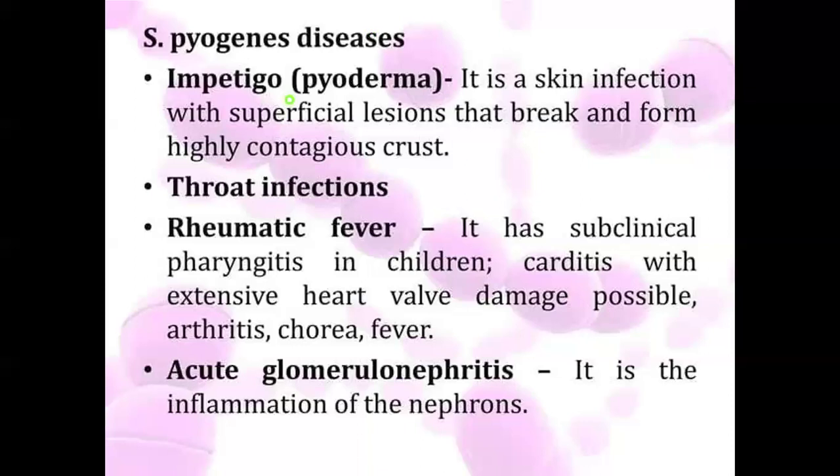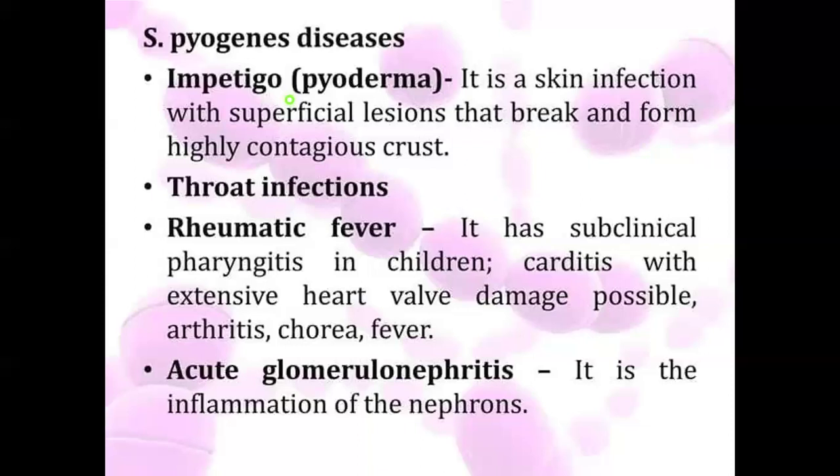So the body is trying to destroy this M protein, but this M protein is structurally similar to the heart valves and to the glomerulus in the kidney. These M proteins are different; different strains have different M proteins. So strep pyogenes produces different types of M proteins.